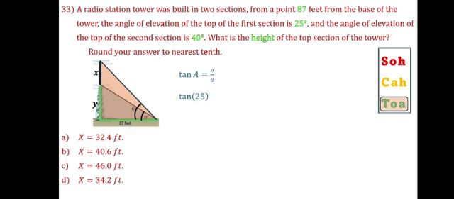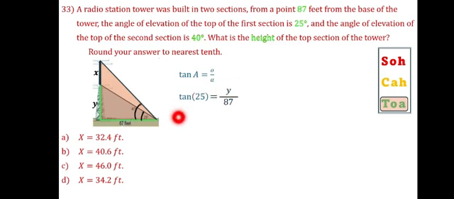So tan 25 equals opposite, which is y, over adjacent. Adjacent is 87.